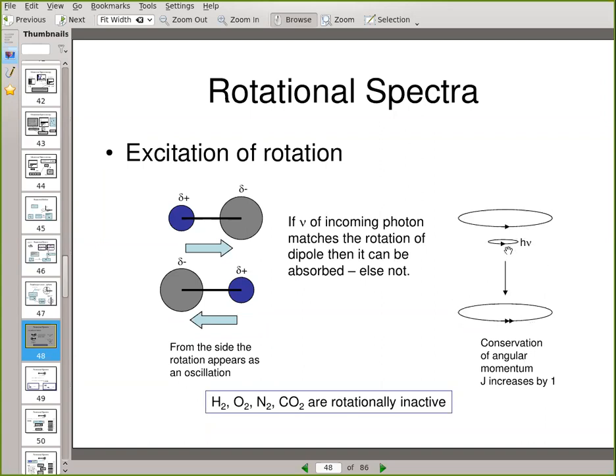And of course, that photon has to match the difference in energy levels for rotation. So just note that some molecules are not rotationally active. They're not going to absorb light. There's nothing changing with them that will interact with the light photon coming in.